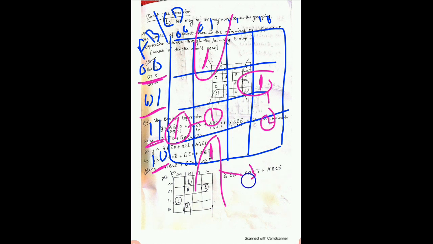A bar B and C D bar, then a one comes here. Now the third expression is A B bar, and C bar and D. You have to place a one here. The expression AB, AB is 1 1 only, and C bar and D bar.